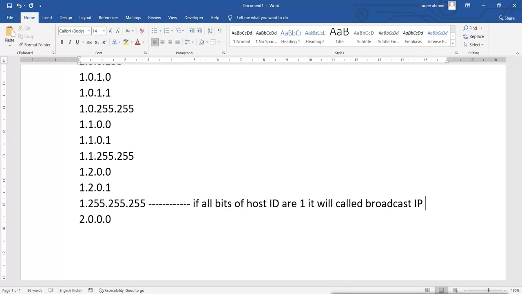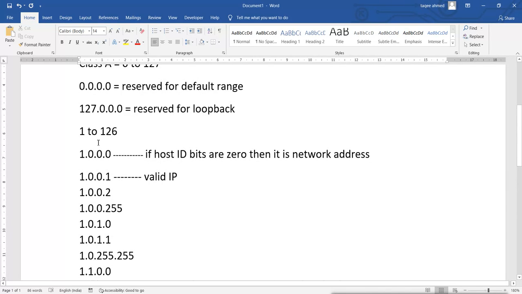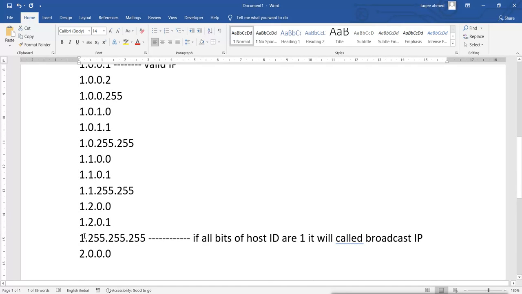And this last IP also you can't use for any machine, where all the host bits are 1, all the host bits are on. So you can't use this IP also. That means your valid IPs are in between the network and broadcast IP. You can't use network and you can't use broadcast.